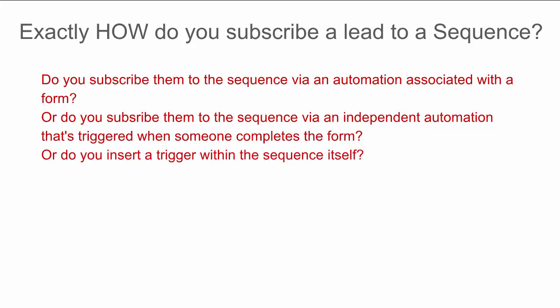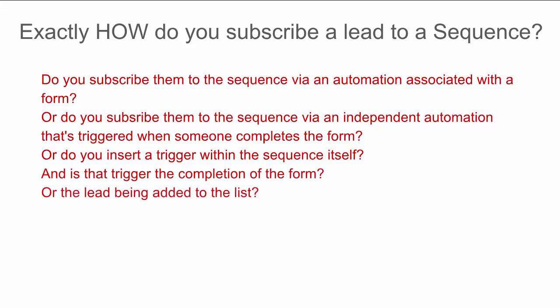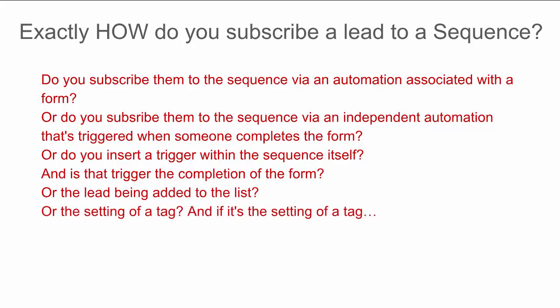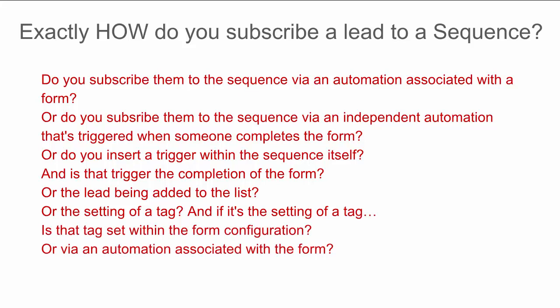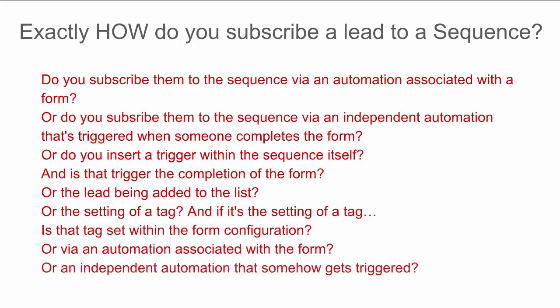And then, is that trigger the completion of the form? Or is it the fact that a lead is being added to the list? Or the setting of a tag? And if it's a setting of a tag, where does that tag get set? Is the tag set within the form configuration, or via an automation associated with the form, or via an independent automation that itself somehow gets triggered?